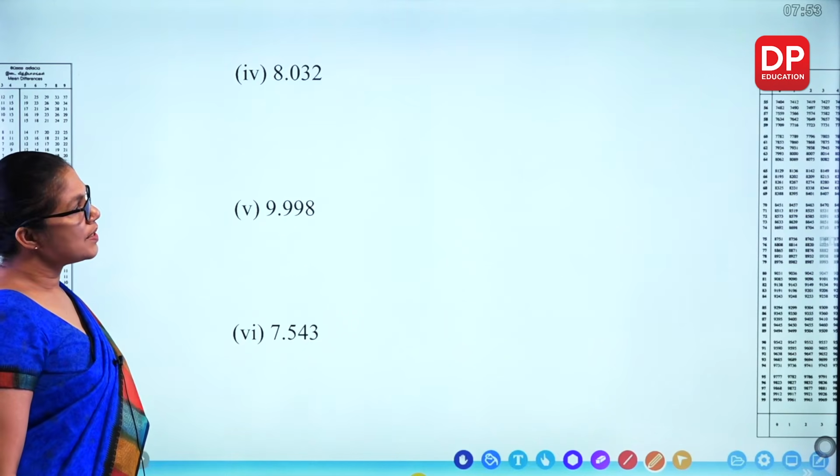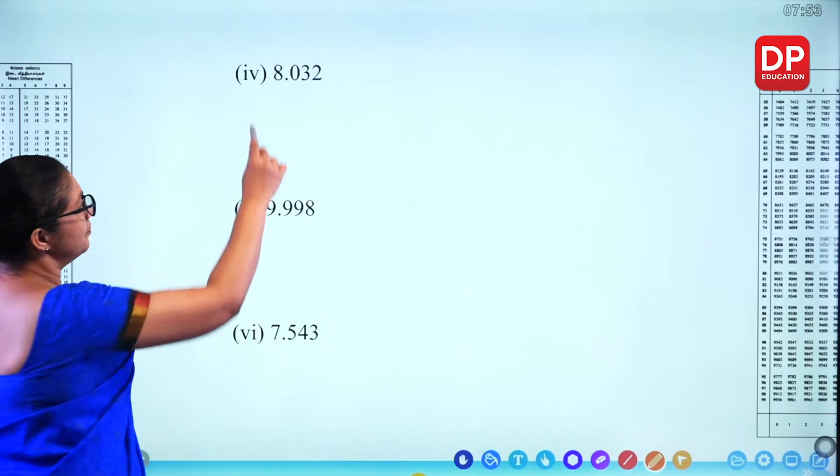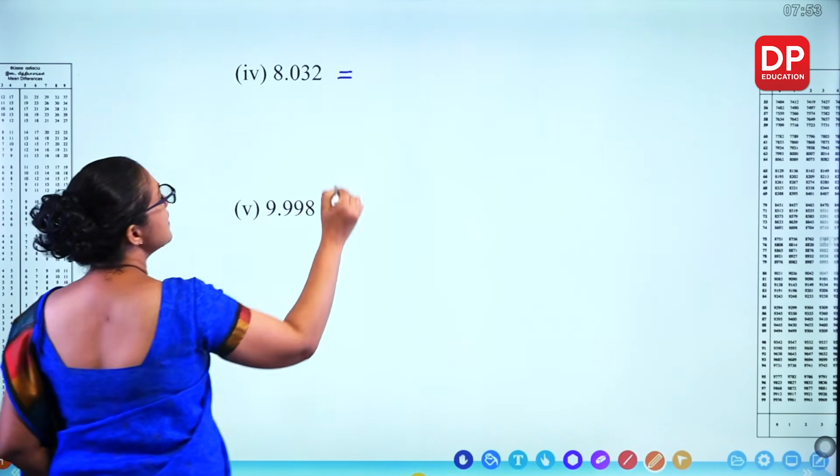Now look at these ones. All these numbers are less than 10.